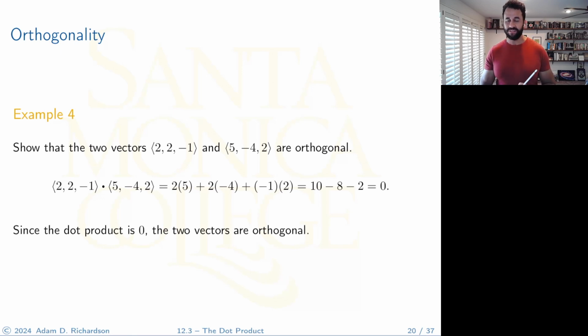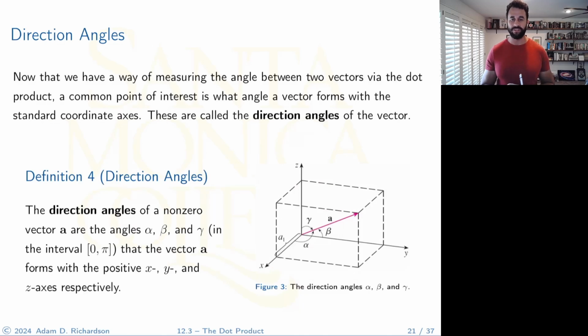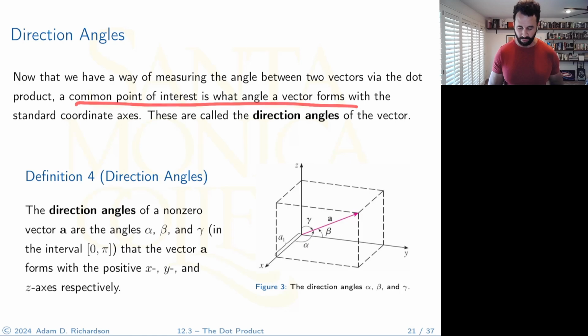All right, so now that we have this notion of orthogonality and there's this relationship to angles in between vectors, we can talk about what are called direction angles. This is giving us a way of talking about these angles. There are some common angles of interest, and in particular, these are what are called the direction angles. A common question of interest is what angle does a vector make with the coordinate axes?